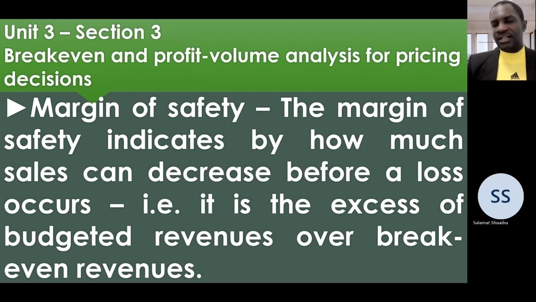The volume of sales may want to be buffered or pushed to a particular level so that losses will not be incurred by the company. That's what is called the margin of safety. What additional sale volume can we sell so that we don't incur a loss or drop below a particular level? So let's have a safety level. That's what the margin of safety is all about. It is the excess of budgeted revenue over break-even revenue.